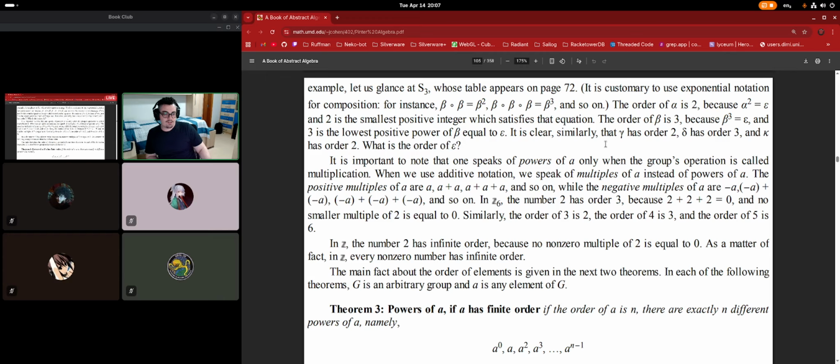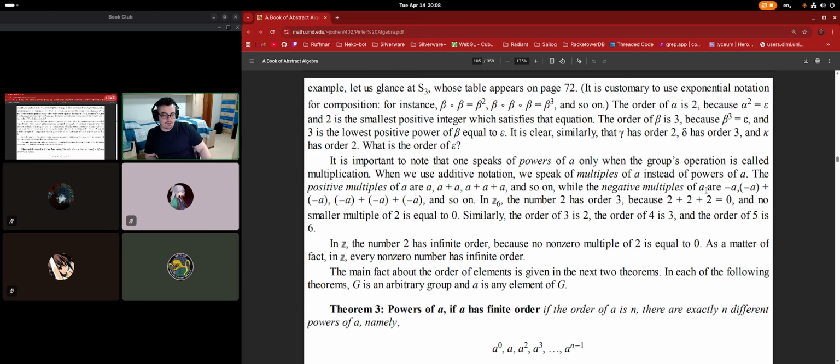And 3 is the least positive power of beta equal to identity. It is clear similarly that gamma has order 2, sigma 3, and this one I don't know, but it has order 2, kappa. It is important to know that one speaks of powers of A only when the group's operation is called multiplication, because if it's addition, we speak of multiples of A instead of powers of A, because their parallels are clear, I suppose.